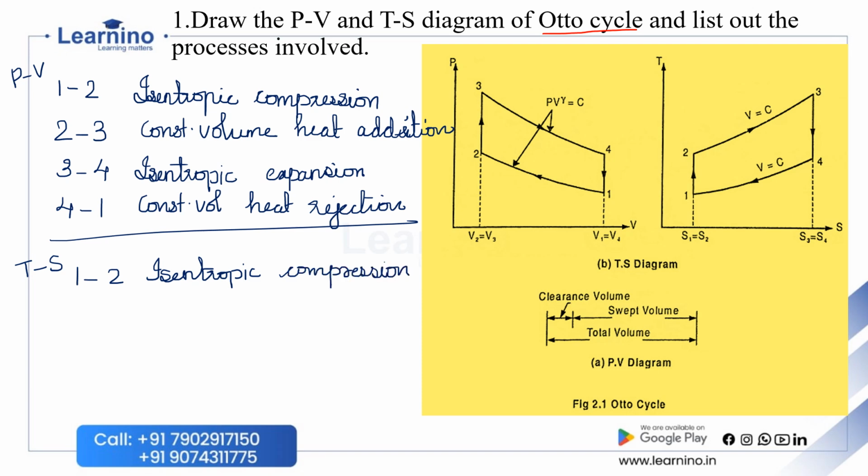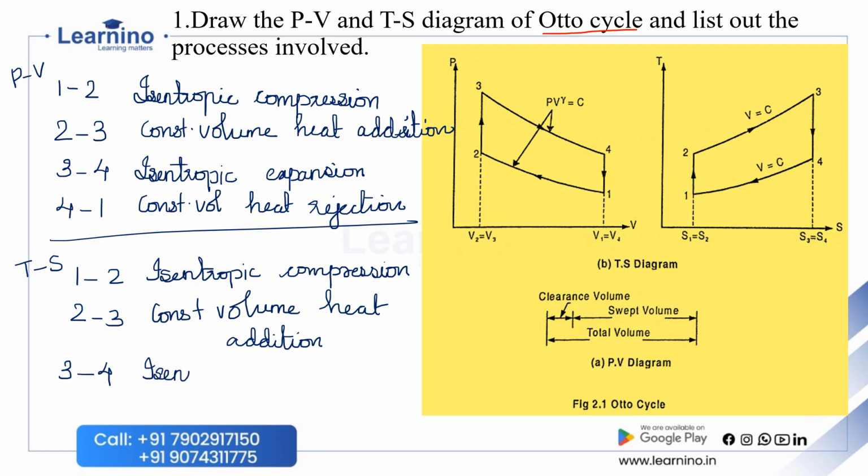The process 2-3 is constant volume heat addition. The process 3-4 is isentropic expansion. And the process 4-1 is constant volume heat rejection.